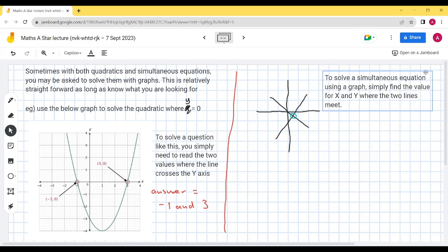Because a simultaneous equation will be shown by two lines. So it could be, for example, this was 3x plus 2. This was minus 2x plus 6 or something like that. And then the points where they both meet, this will be your answer. And I've seen if they do come up, they tend to come up right at the end of the exam. So it's a good thing to be familiar with because it can be quite a cheap point.